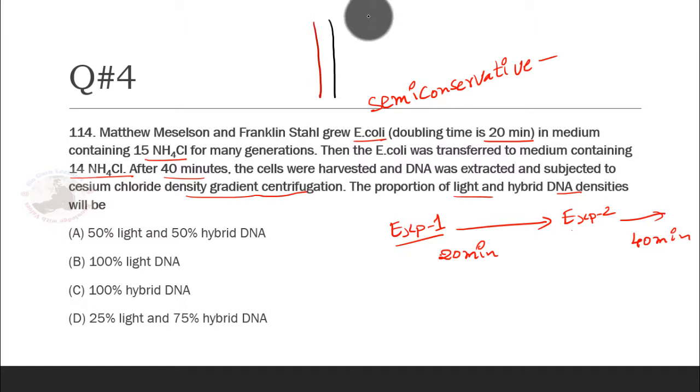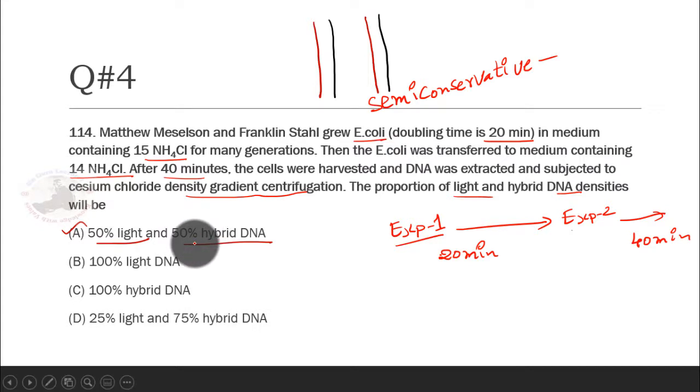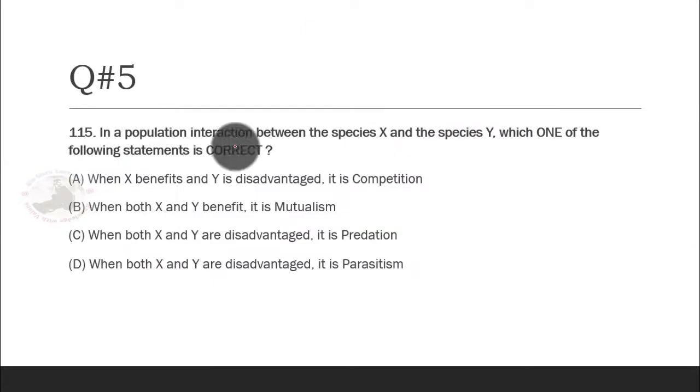As this occurs for n number of generations, even if it occurs for 1000 generations, the rule is not going to change. There will always be one new strand and one parental strand. That means you will always find 50% light ones and 50% hybrid ones. Hence option 1 will be correct.